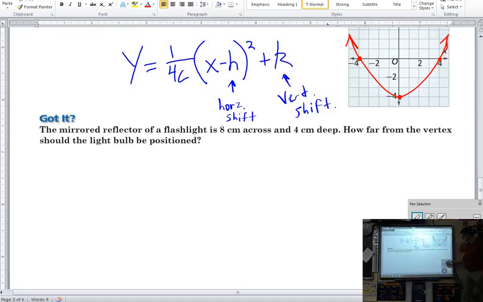Wait, what's that formula supposed to do? That is our standard form.